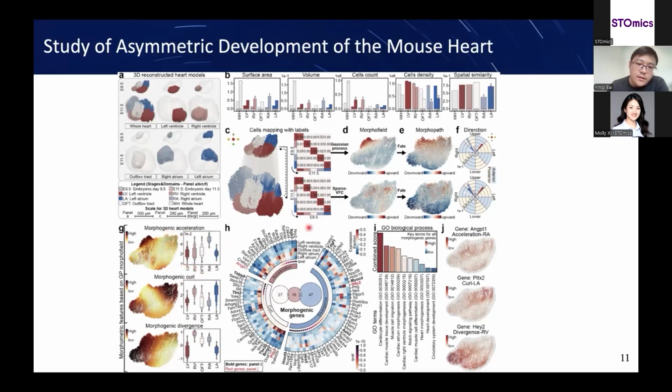We also find the genes that have high correlation with each geometry, and most of these genes have been experimentally verified in mouse analysis.